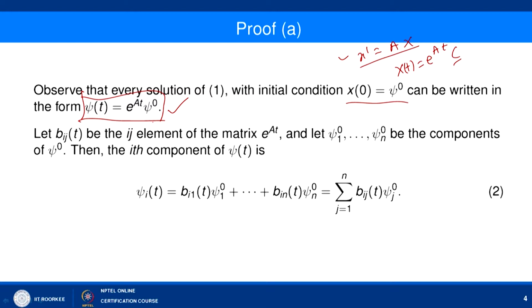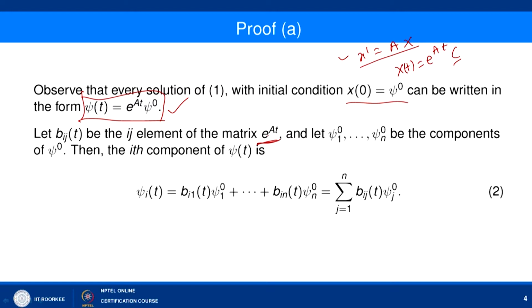Now, we want to look at how the stability of this psi(t) depends on the behavior of the eigenvalues of the matrix A. So, let b_ij(t) be the ij element of the matrix e^{At}. So, e^{At} is a matrix of solutions. It means that every column of e^{At} is a solution of x' = Ax.